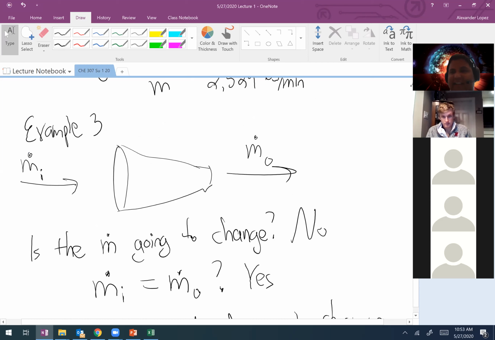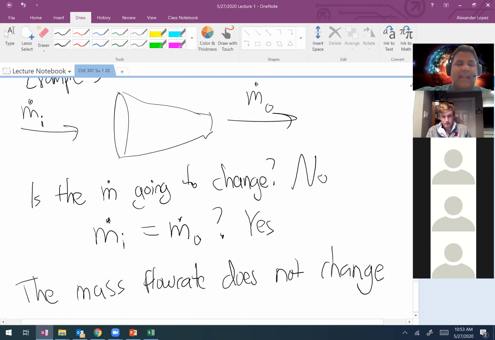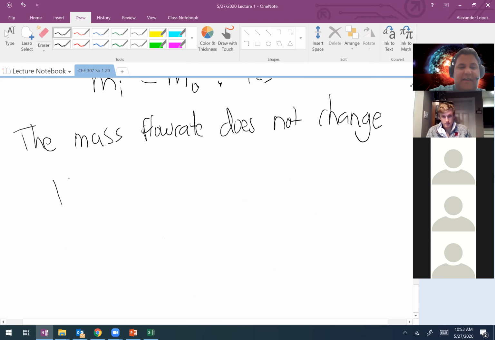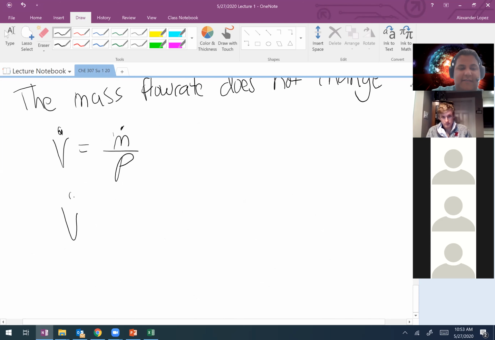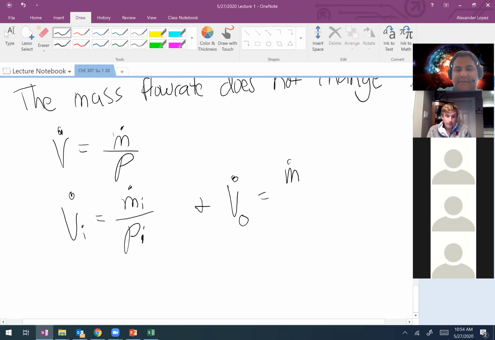All right, now let's take a look at that flow through this cone again and consider it in terms of the volumetric flow rate. If the volumetric flow rate is simply the mass flow rate divided by density, such that now I have the volumetric flow rate in equal to mass in over the density in, and the volumetric flow rate out is the mass flow rate out over the density out.